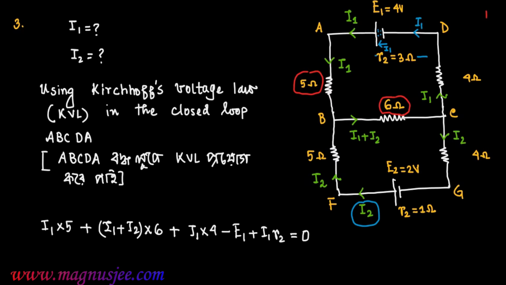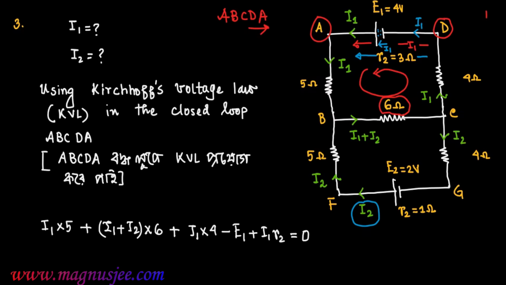That's why here current I1 is flowing towards left and we are traveling from D to A. Current I1 flows through the internal resistance towards left, that means in the same direction as that of the closed loop ABCDA.